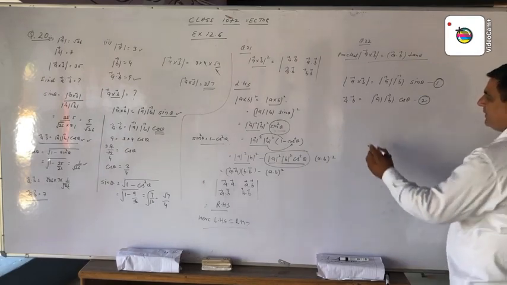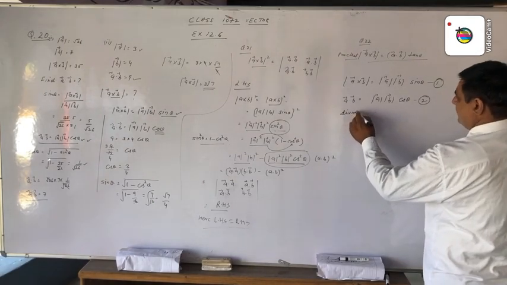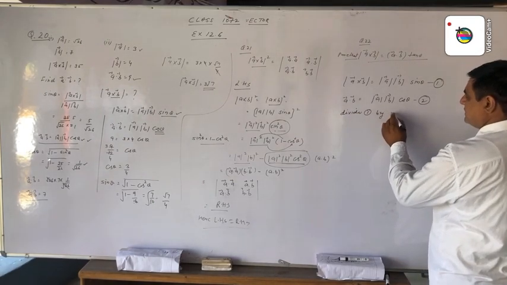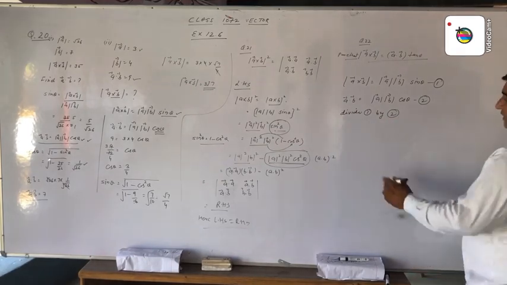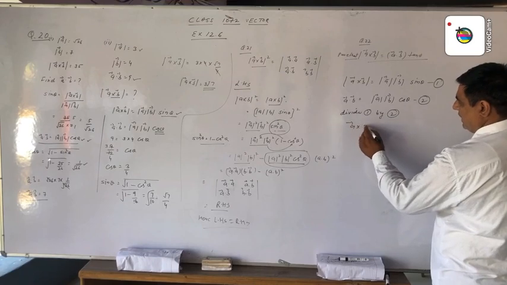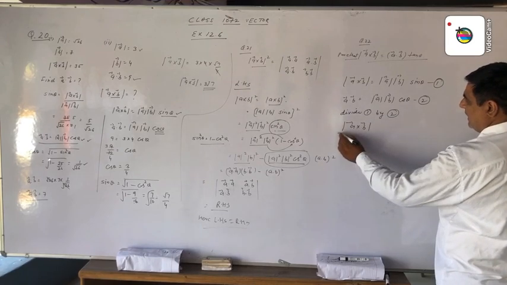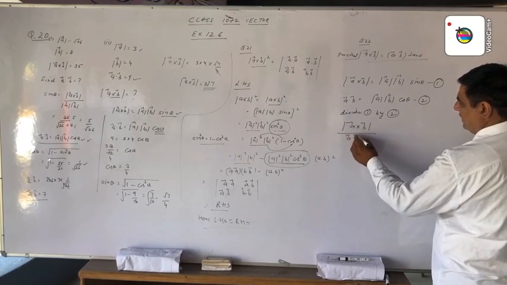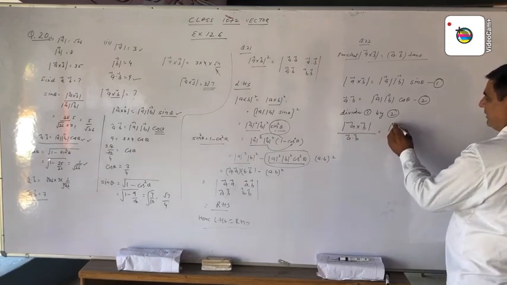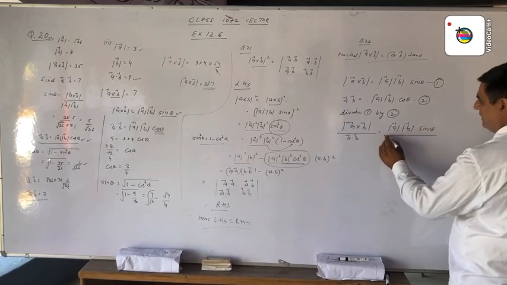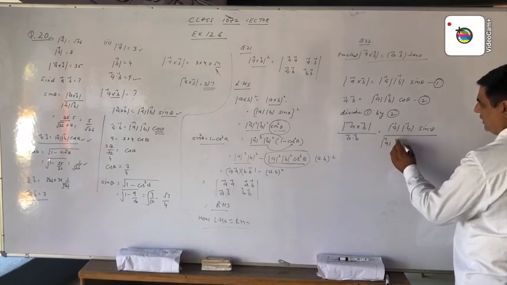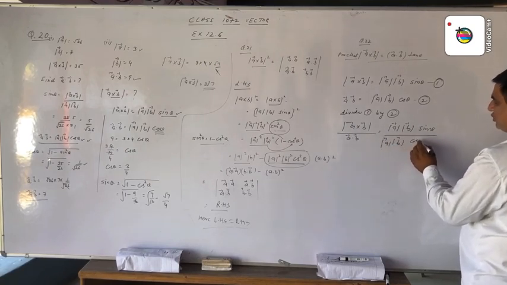Now divide equation first by second. We divide the first equation by the second equation. We get vector a magnitude, vector b magnitude by vector a dot vector b is equal to vector a magnitude, vector b magnitude into sine theta by vector a magnitude into vector b magnitude cos theta.